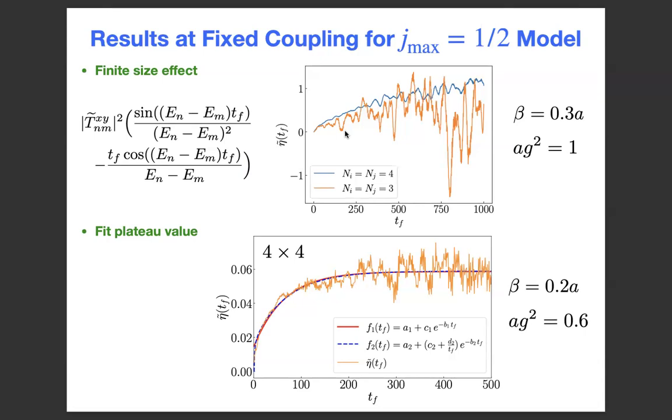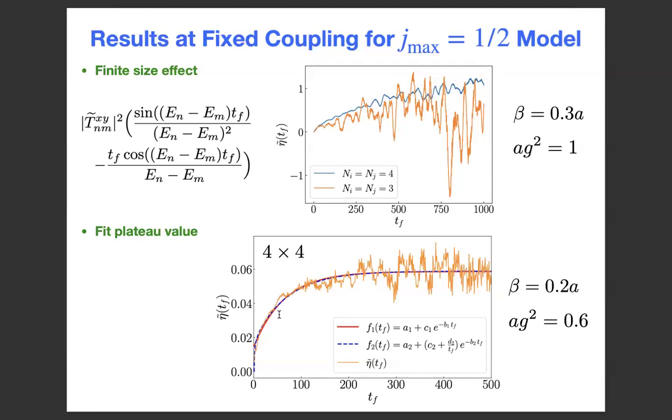But as we make the lattice bigger, like 4x4, we see the oscillation becomes much milder. And then we may try to extrapolate an infinite asymptotic value. The second plot shows one example of the extraction when the coupling is 0.6. We still have some oscillations at the late time, but roughly they're oscillating with respect to a central value.